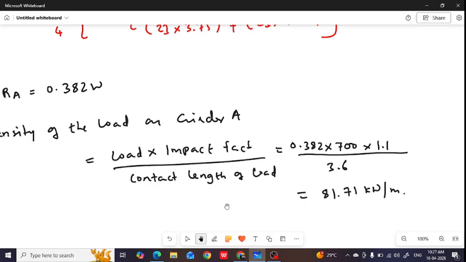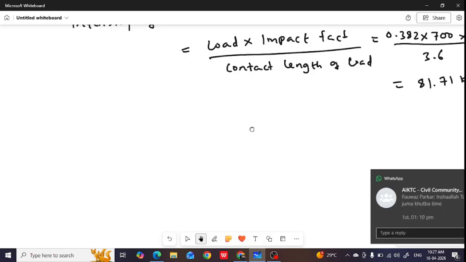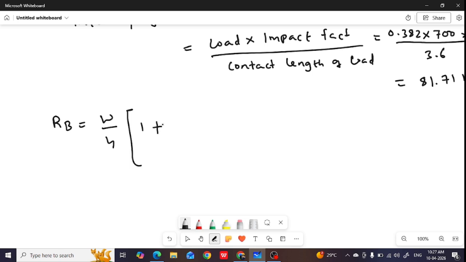Similarly, you have to find the reaction factor for the inner girder, RB. So W by 4 will be there, 1 plus 4I into, here there will be a change.